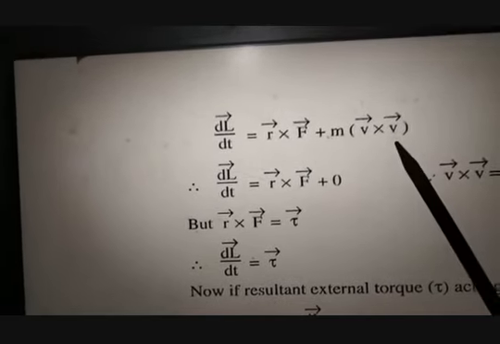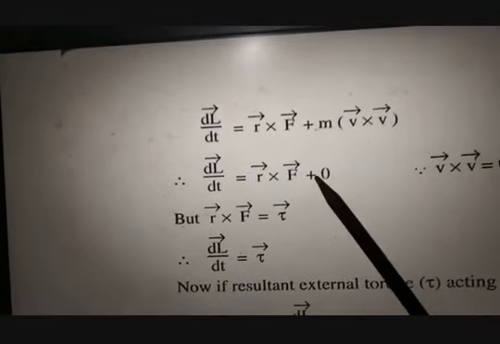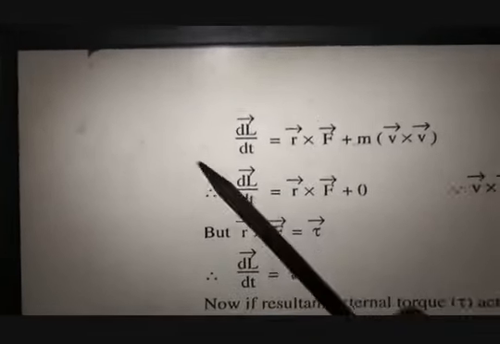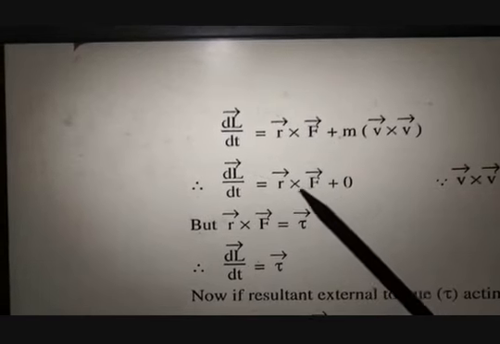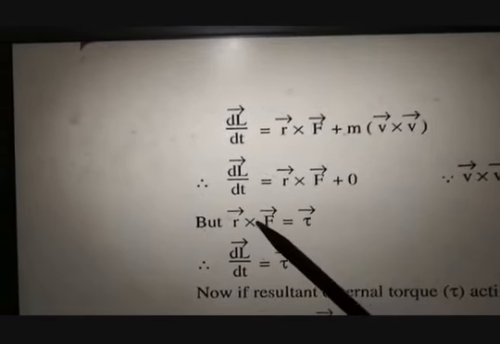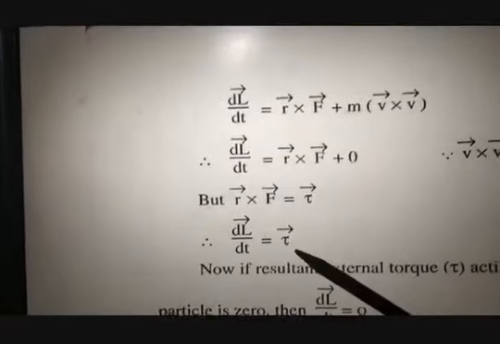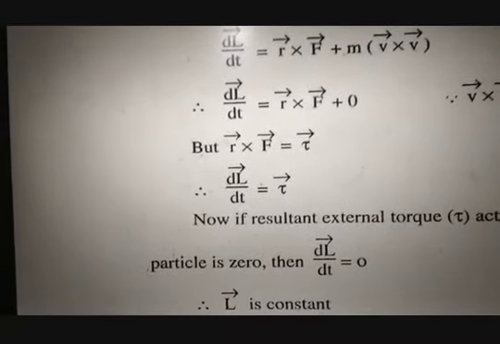This property you studied in 11th standard in the scalars and vectors chapter. So v cross v becomes 0, 0 into m becomes 0, and r cross F remains. Now by the definition of torque, r cross F is nothing but tau. You substitute here, and therefore dL by dt is equal to tau.